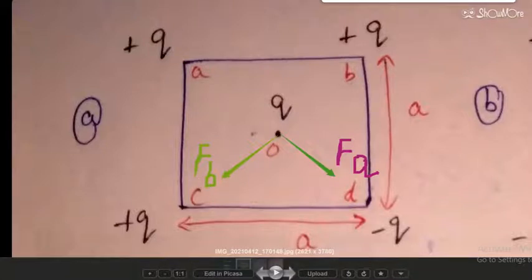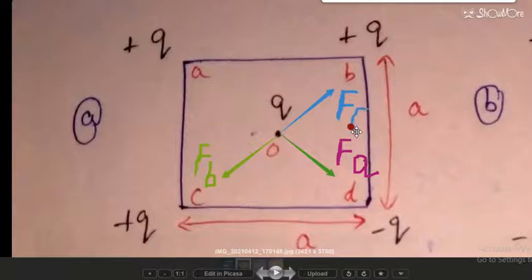Now the third force will be in which direction? Due to charge C, positive will repel the positive charge which is placed at the center. This will be the direction of force due to charge C, so it is Fc.